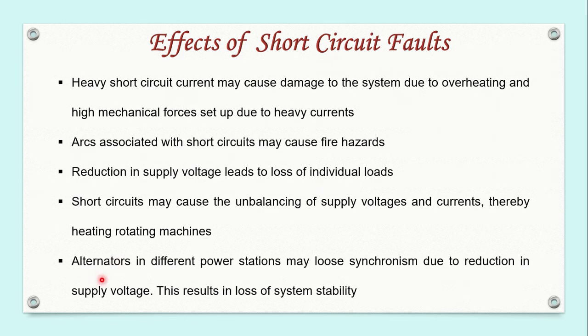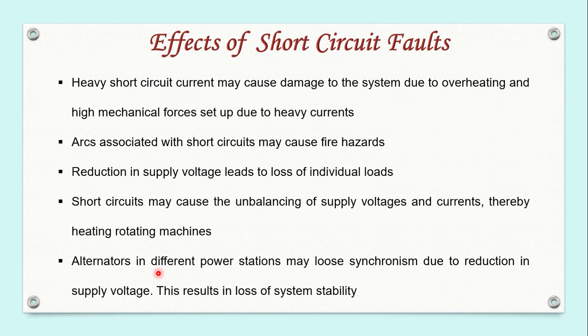And next point is that alternators in different power stations may lose synchronism due to reduction in supply voltage. In a particular power system network, there can be a number of generators, a number of alternators for generation of power. And all these alternators will be synchronized with each other and with the power system network.